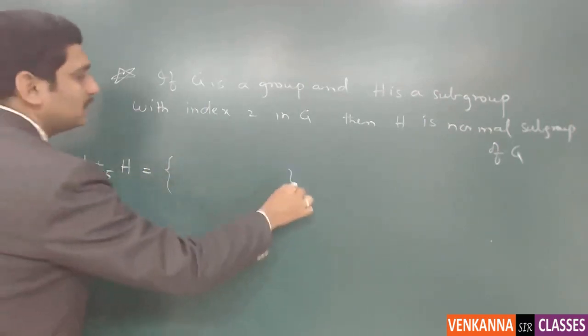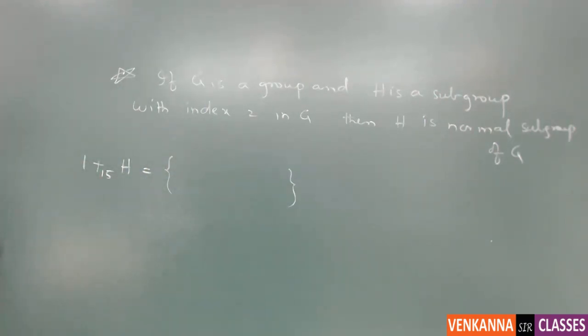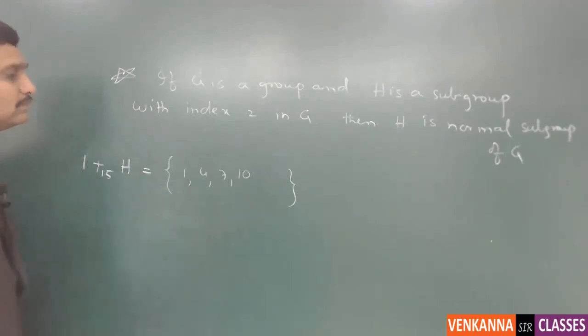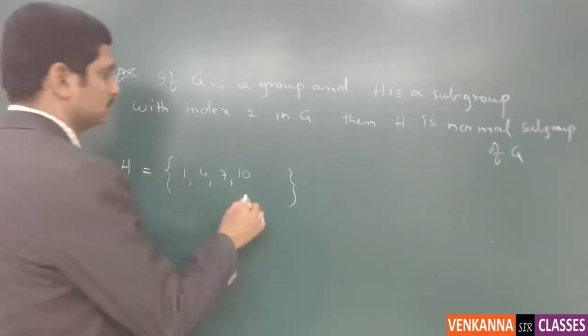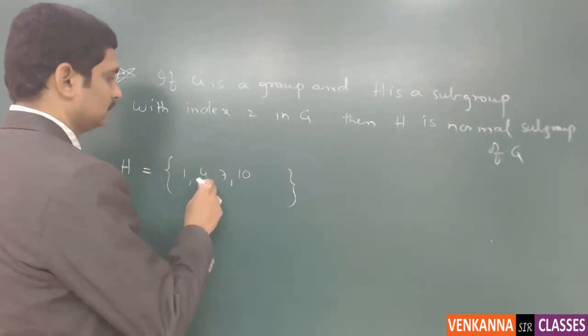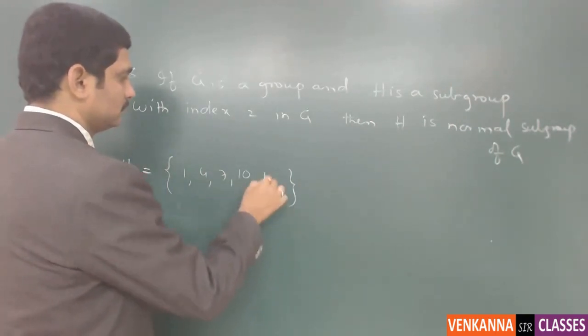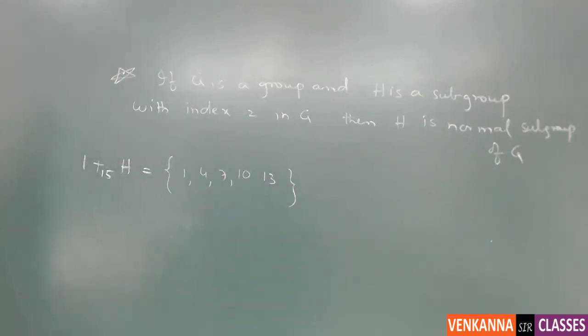Could you give me the value here for that problem? This is the coset, am I correct? There we have calculated the problem. Z15 under addition modulo 15, say.